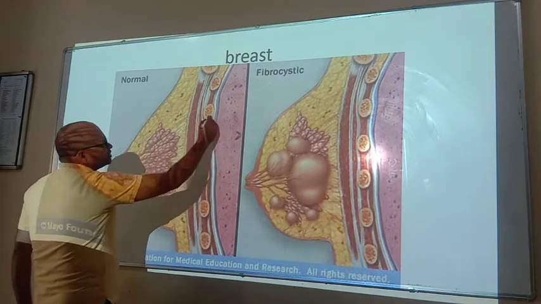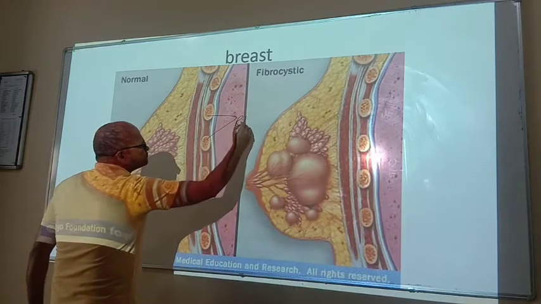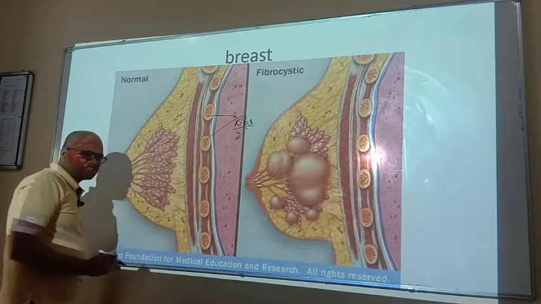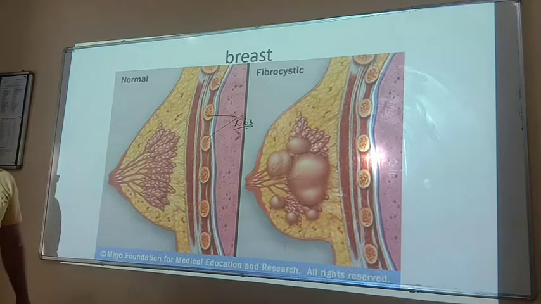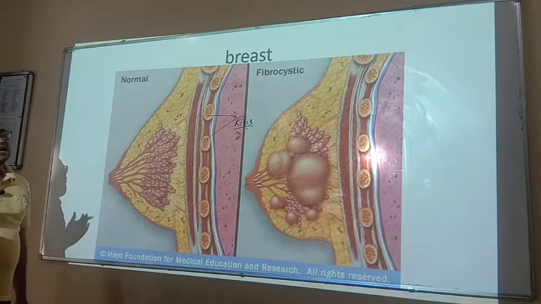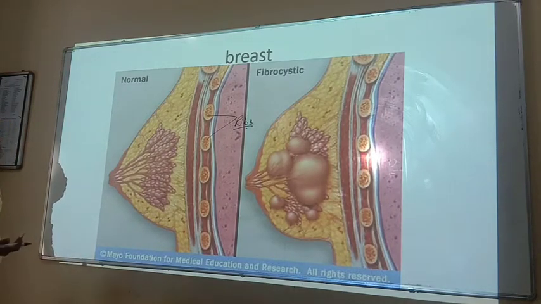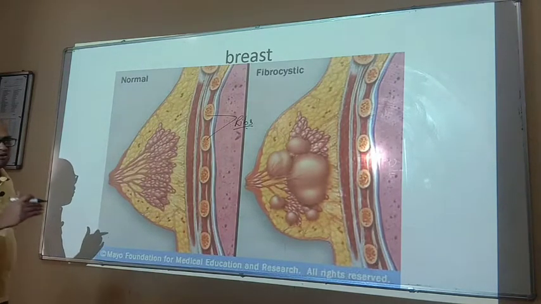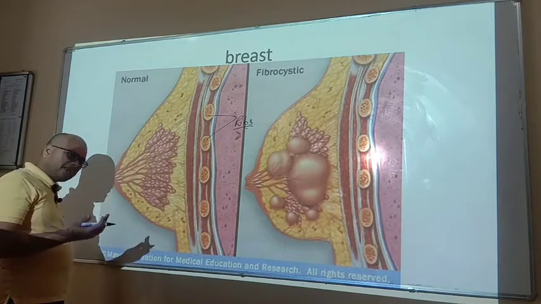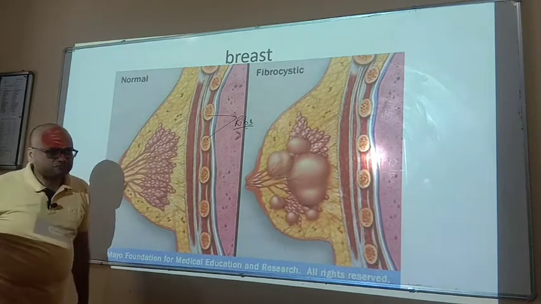These are the ribs. Since breasts are located in the thorax region in the female, the breast is a very important organ of the female reproductive system, because it provides feeding to the developing child.